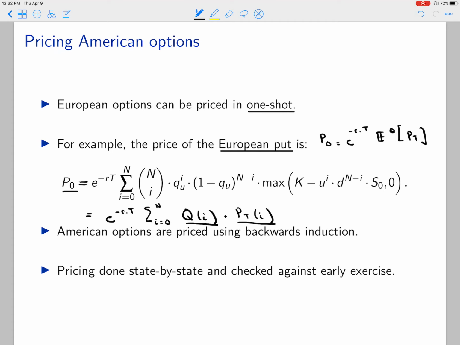Backwards induction is going to work by essentially recursively pricing the American option at each stage in the tree. So you price the option at every node within the tree. And in each node, you compare the model prices to the early exercise value.